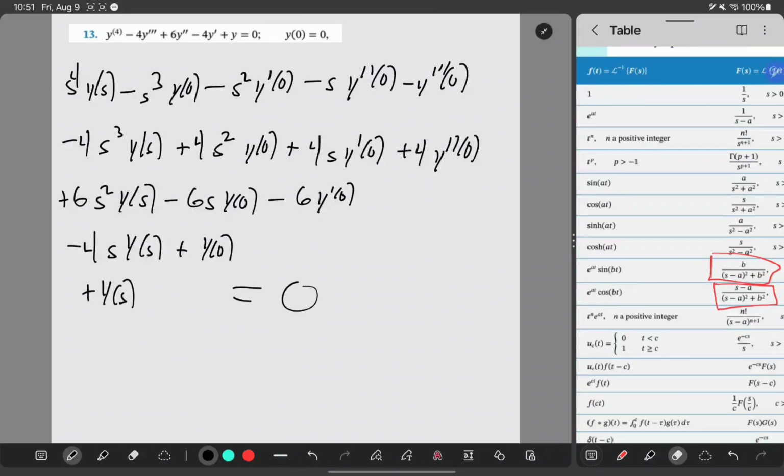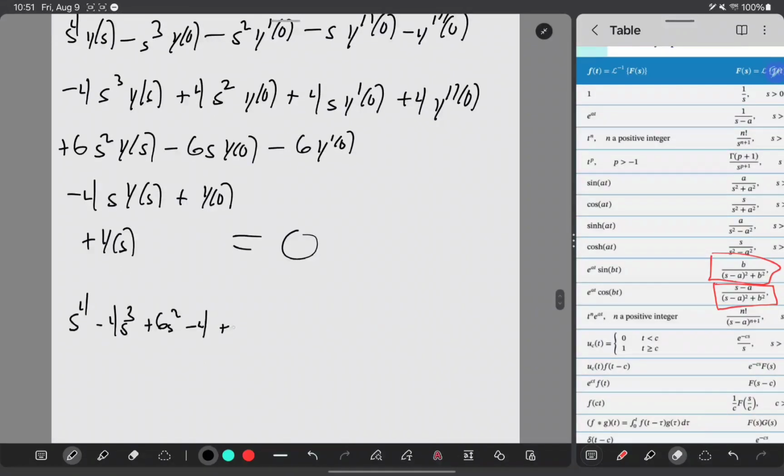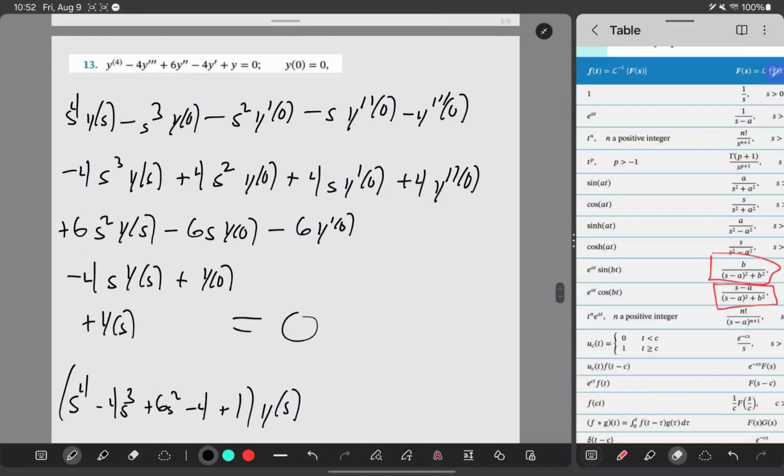So let's go ahead and group together the y of s's. I try to keep them all on the same line. Now let's do all the y sub zeros. It's y of 0 is 0.